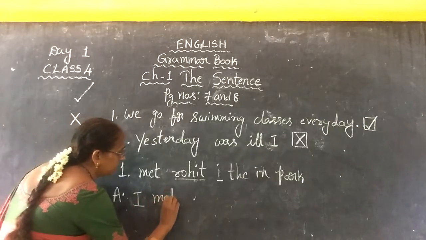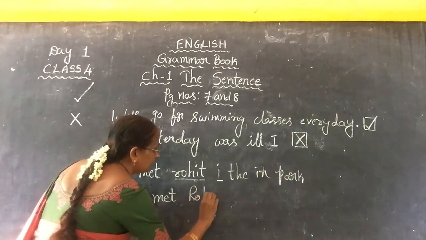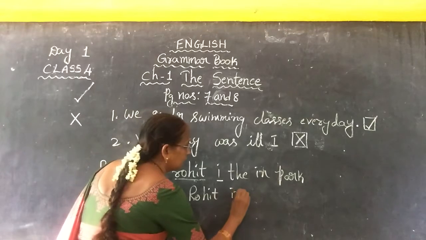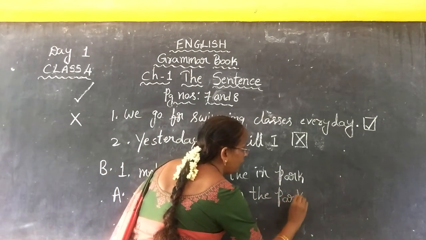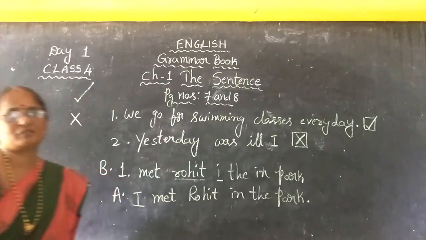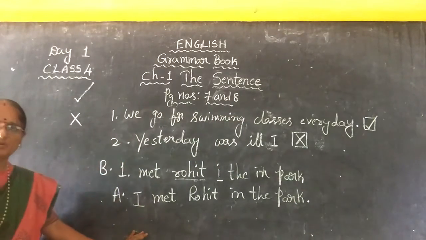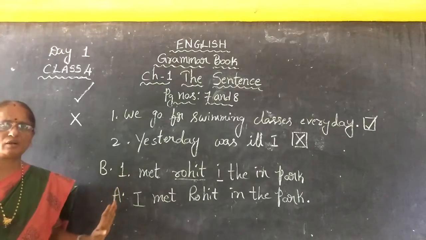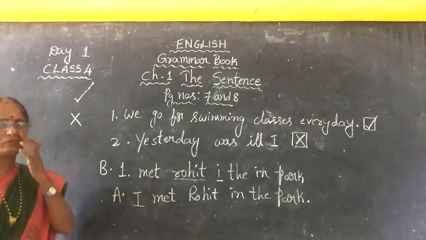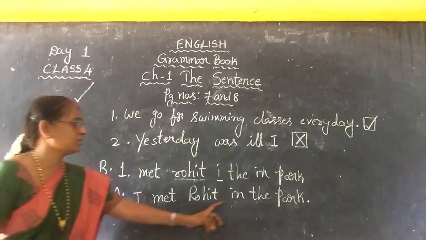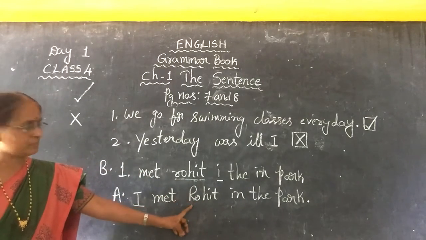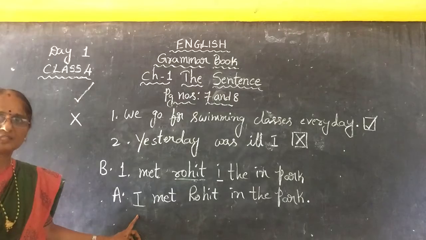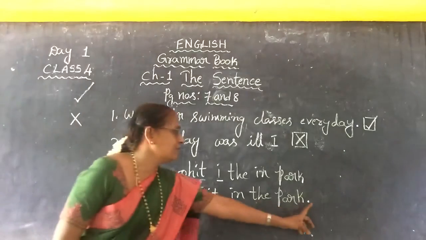I met Rohit in the park. And I have ended the sentence with a full stop, children. See, same words only, I did not write any extra word, I did not delete any word, children. I met Rohit in the park. Rohit is the name of a boy, proper noun, so capital letter. I is a capital letter, first person, and ended with a full stop.